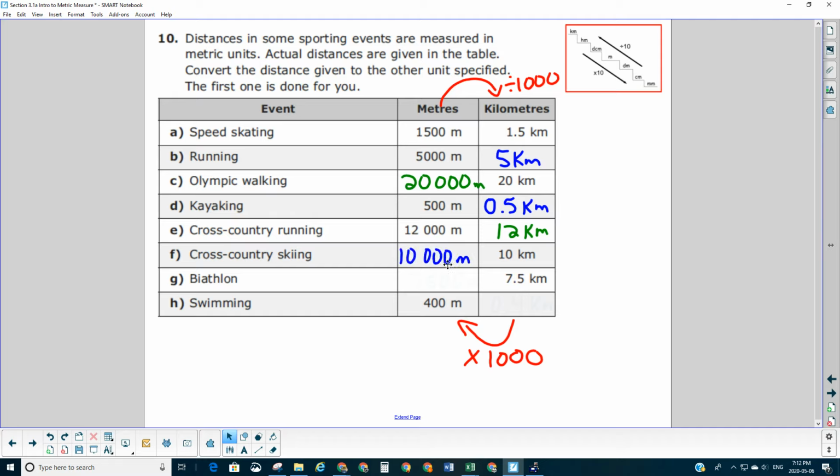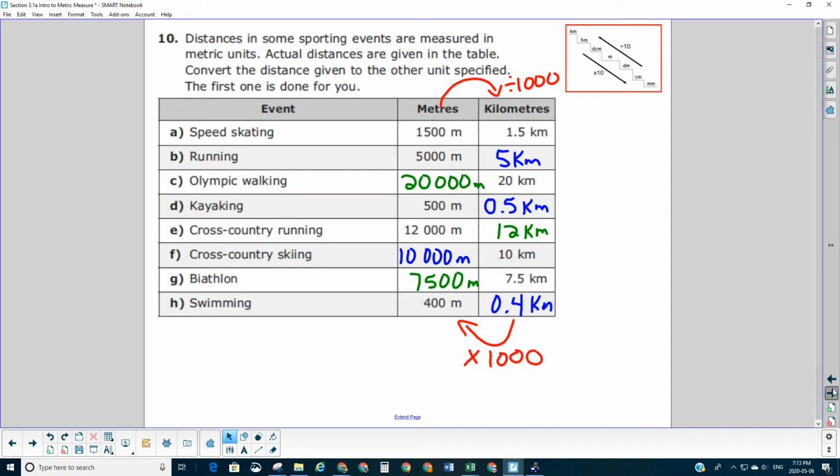We need to add 3 zeros on there. 7.5 multiplied by 1,000 is 7,500. And finally, going from 400 meters to kilometers, we're going to have to divide by 1,000. So we're going to move the decimal place 3 places to the left. 1, 2, 3, and we'll get 0.4 kilometers.